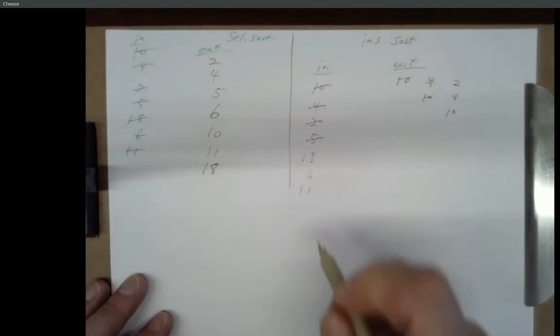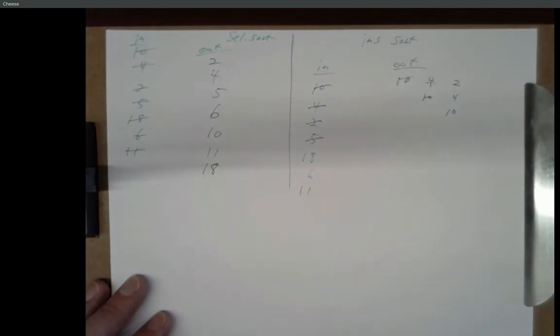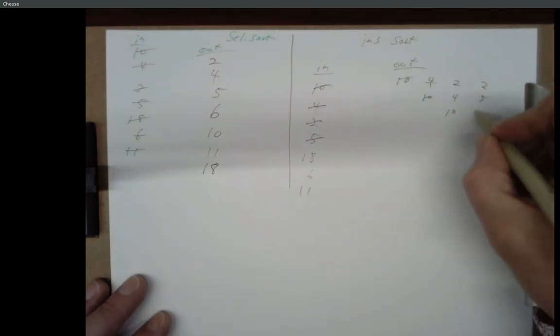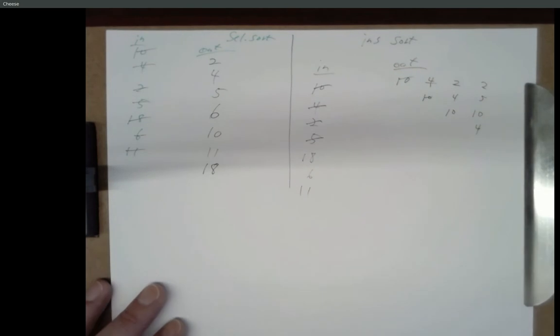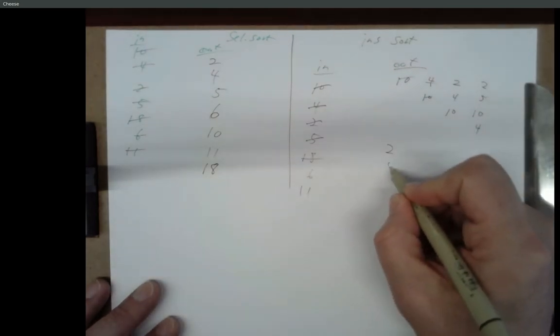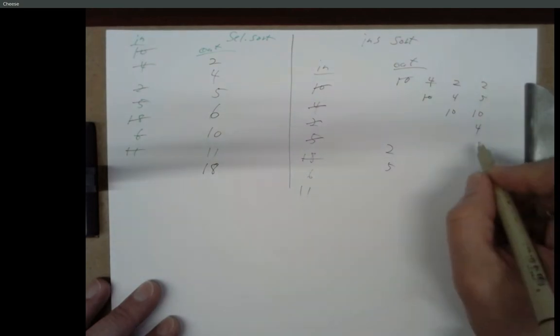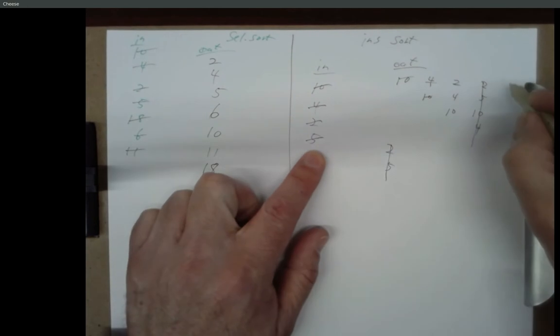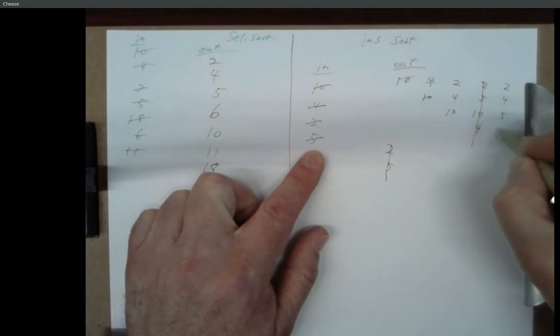Take the next thing from the input, that's a 5. Everything should get moved down after the 4, so this becomes 2, 4, 5, 10.